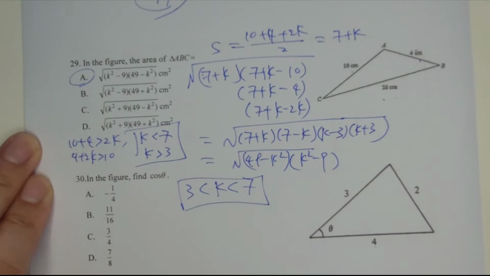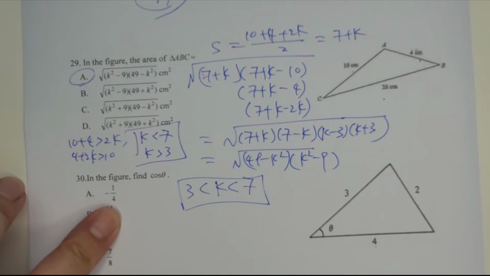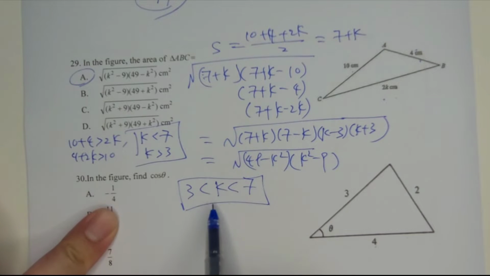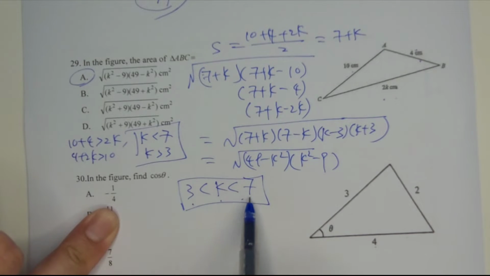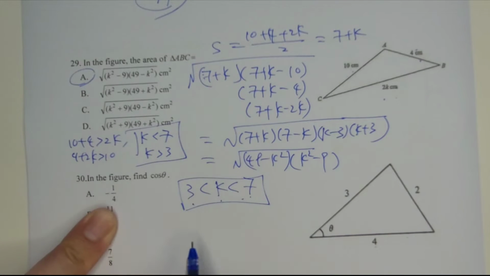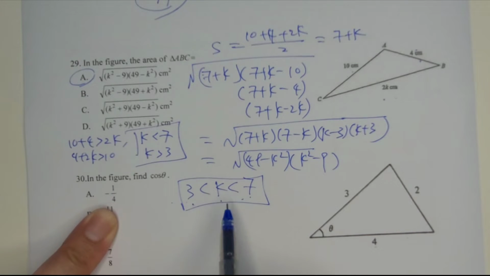So let's check some numbers. If k is between 3 and 7 only, and remember, when k does not lie in this range, then the triangle does not exist, and that means the area of the triangle cannot be found.